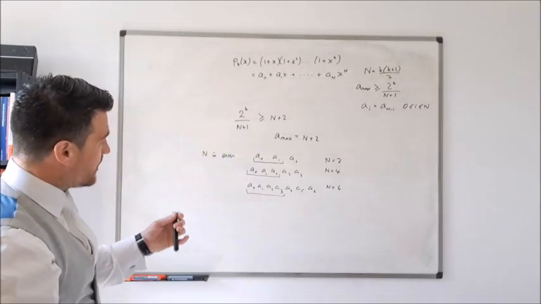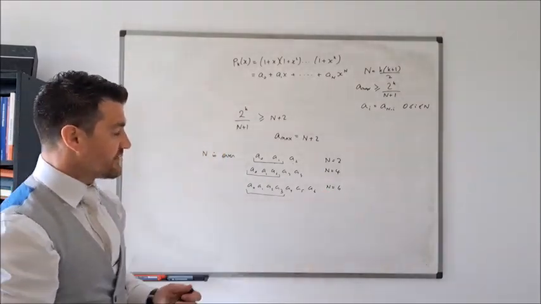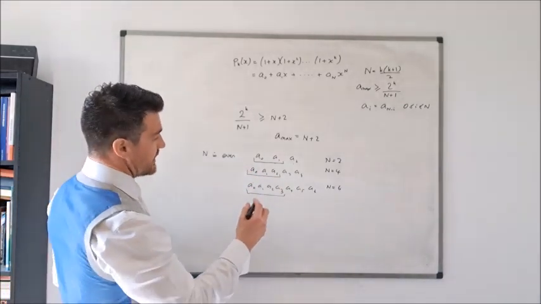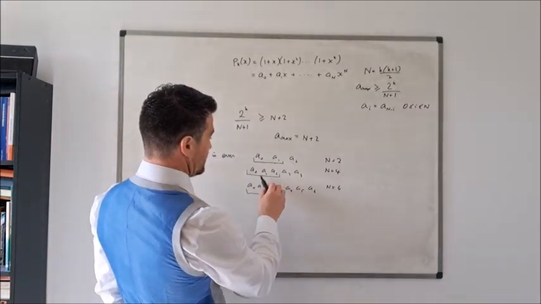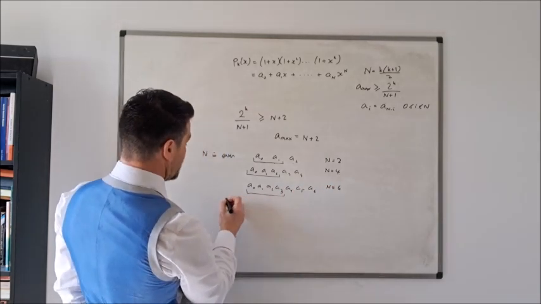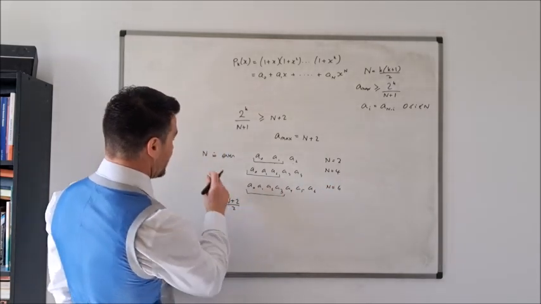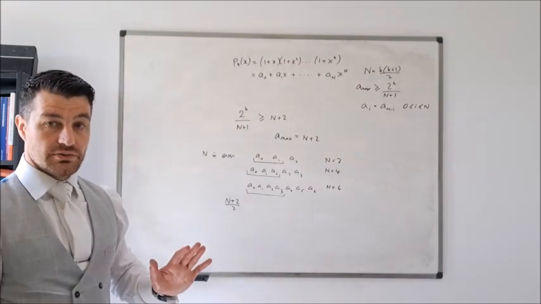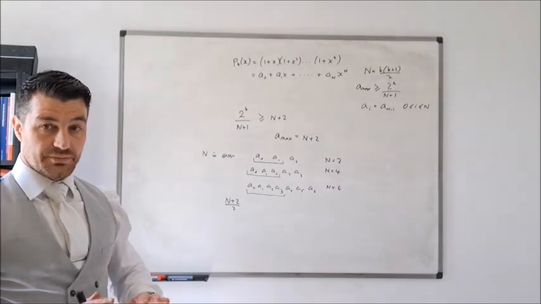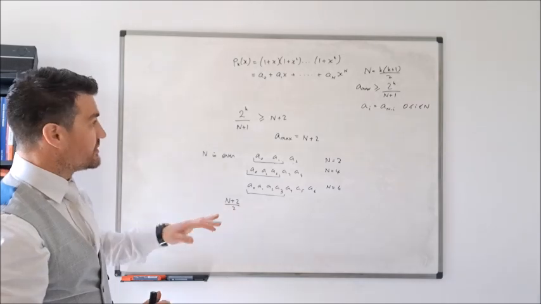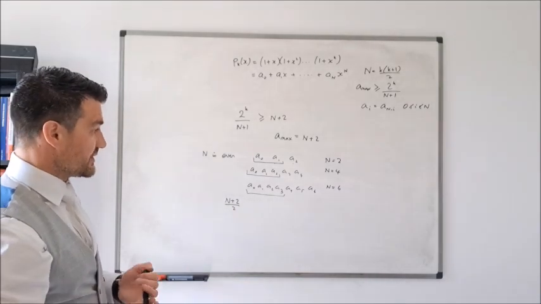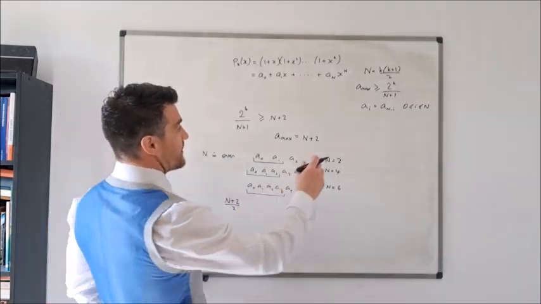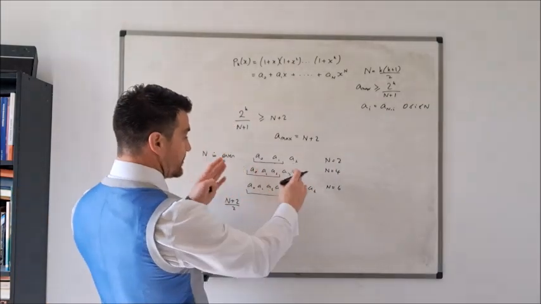So I was thinking, okay, maybe I could figure something out from this. So if n is even, there's potentially (n+2)/2 distinct numbers. Then again, I can find the sum of the coefficients.